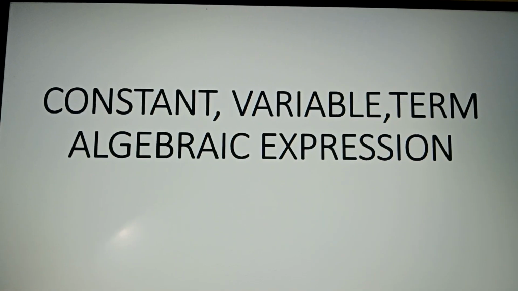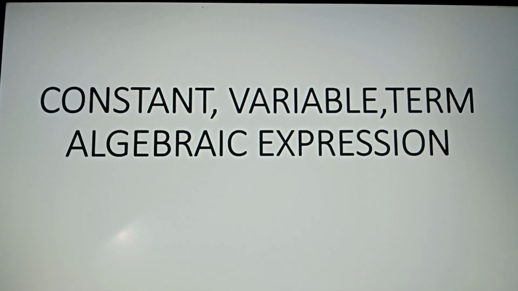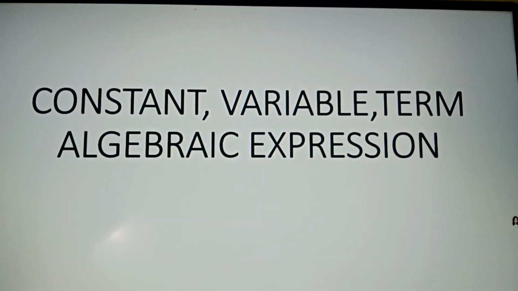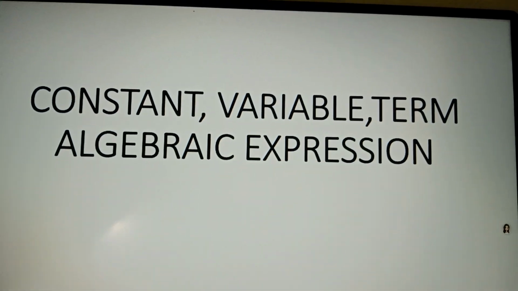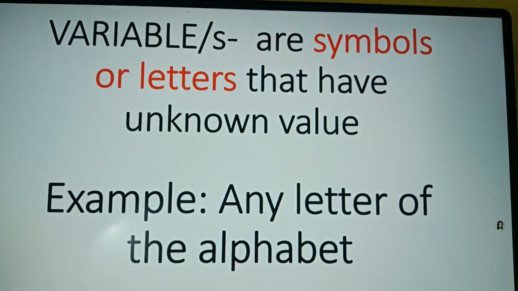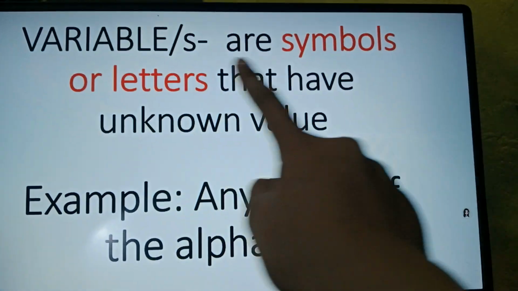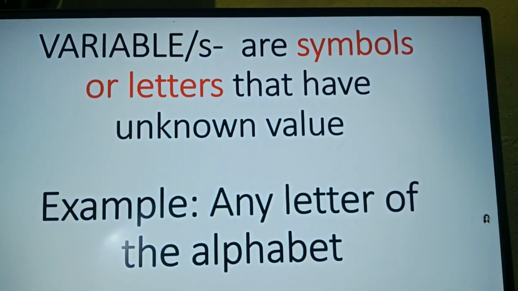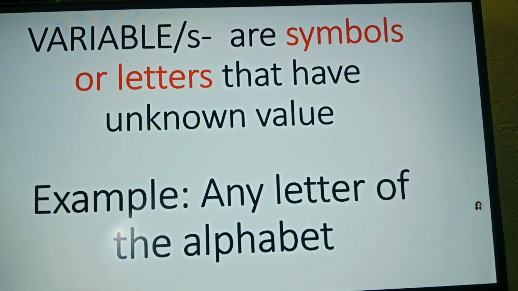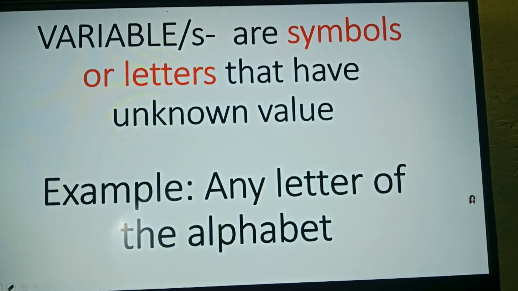And the topic we tackle is all about constant, variable, term, algebraic expression. What are these words all about? The first one is variable, or variables: symbols or letters that have an unknown number. Variables are represented with letters and symbols.